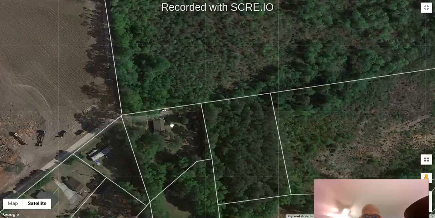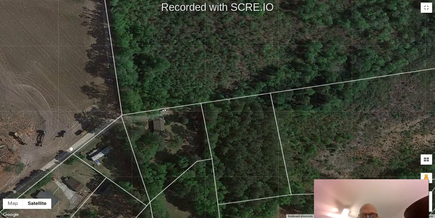And then that terminates here at this house, so it's not going into the property. It's possible that we could get an easement here or ask for permission. We don't know if this is a private road or a municipal road that's maintained by the municipality, the city or the town or county.